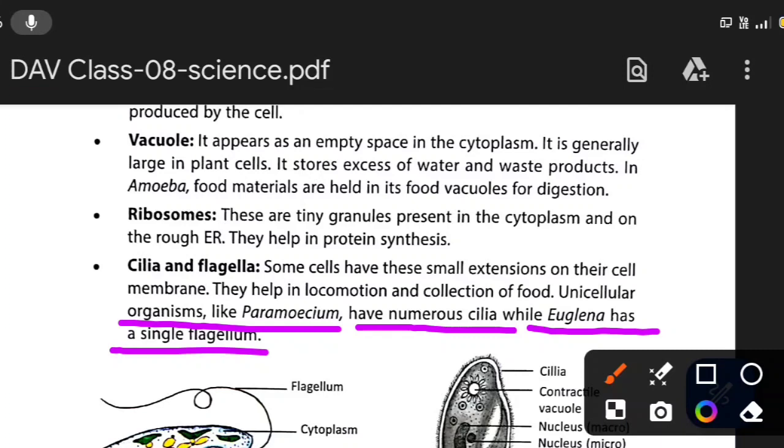Not completely different, but a little bit different. One is a little shorter and another is a little larger in size, but they have the same structure and same function also. Their size differs only a little bit.